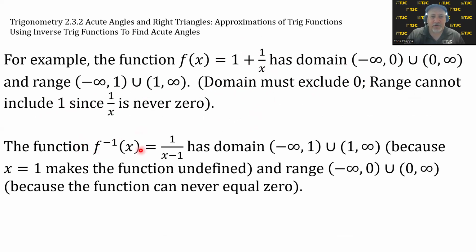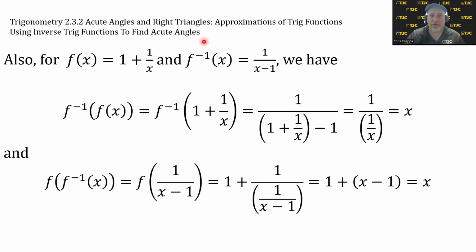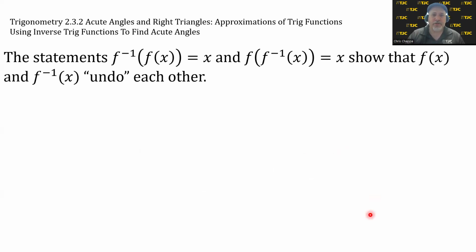The inverse function, f inverse of x equals 1 over x minus 1, has the domain excluding 1 because that would make the denominator 0, and range excluding 0 because this function can never equal 0. Its numerator is just 1. But to be inverse functions, I have to be able to plug them into each other and end with x. I'm not going to go through all the details, but here's the algebra that verifies the composition in both directions ends up with x.